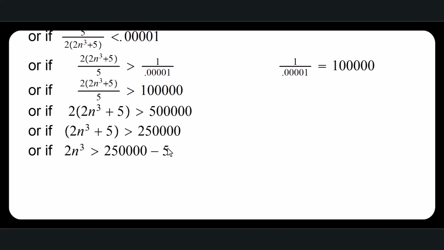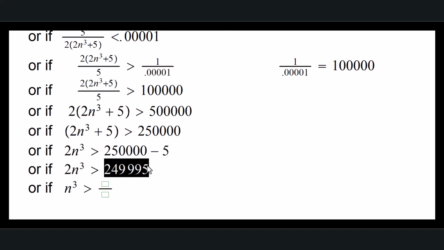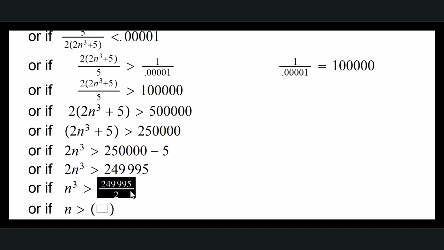So 2n cubed is greater than, let's just perform the subtraction, so we get this, and this is equivalent to saying that n cubed is greater than this quantity divided by 2, or n is greater than how much? The cube root of this quantity.